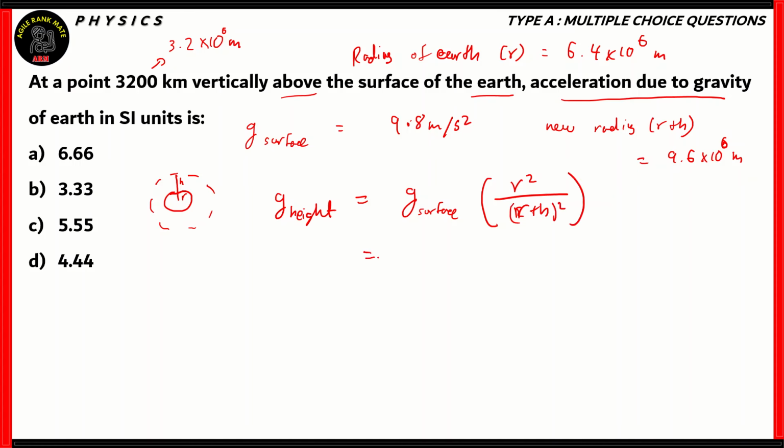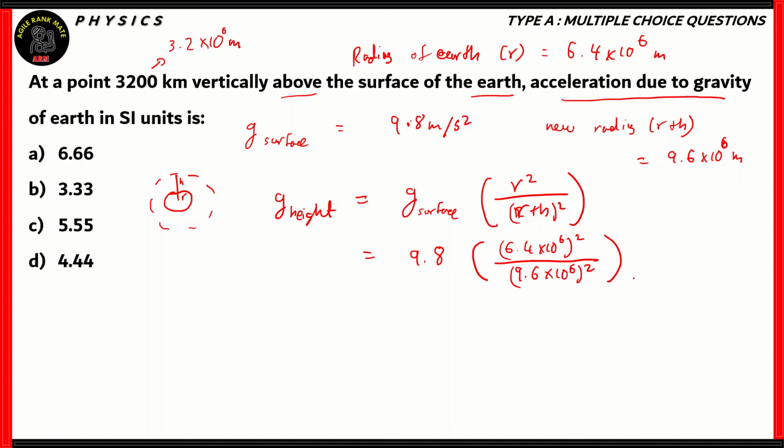So what we're having essentially is 9.8 meters per second squared, and then in the brackets you'll be dividing 6.4 into 10 raised to 6, the whole squared, over 9.6 into 10 raised to 6, the whole squared.